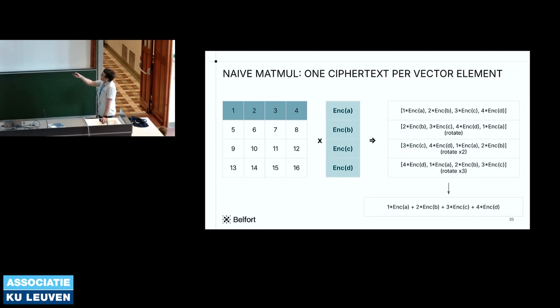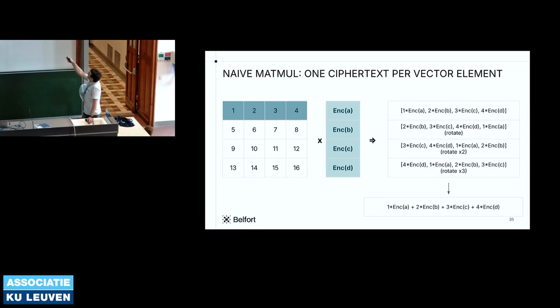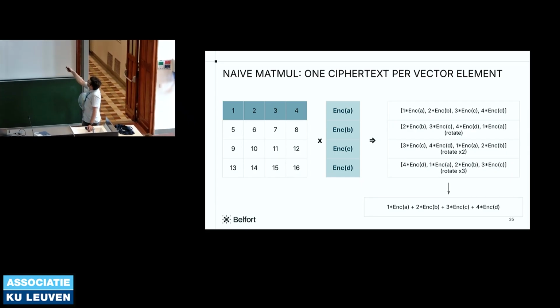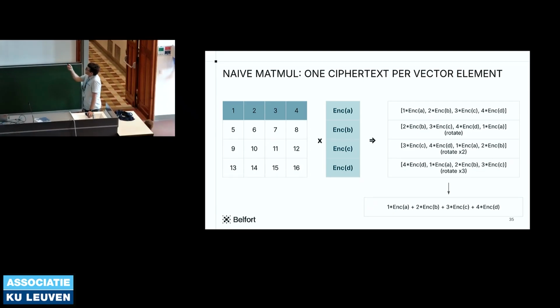Well, I can take my first row and encode it, and now I'm going to do the pointwise multiplication between this vector and this vector, because this I know how to do, right? So I get this vector, 4 entries. But what I want is the inner product of these two vectors, and I don't know how to compute an inner product.